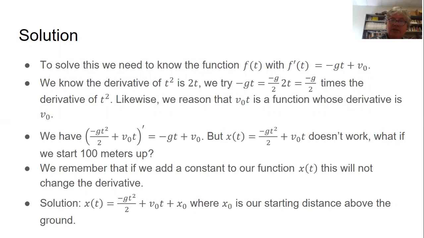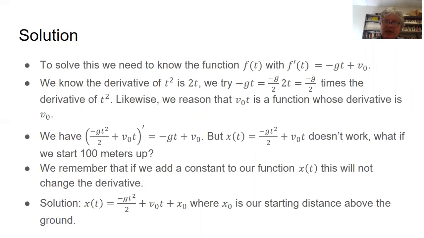And working on the other term, v0 times t is the function whose derivative is v0. And so just double checking, we've got -gt²/2 + v0t. Take the derivative of that: down comes the 2, cancels with the 2, we subtract 1 from the power, we get -gt. The derivative of v0t is v0. Good.